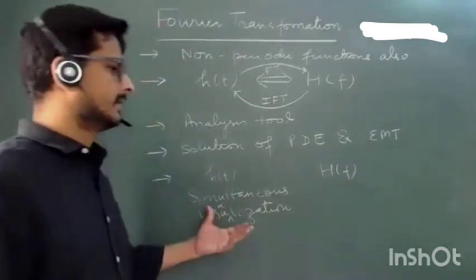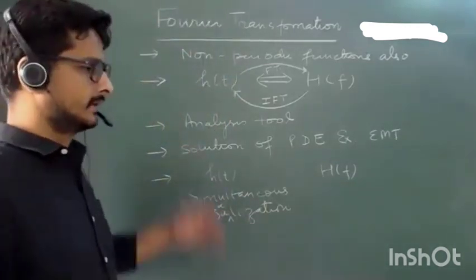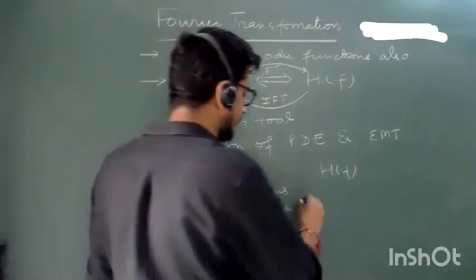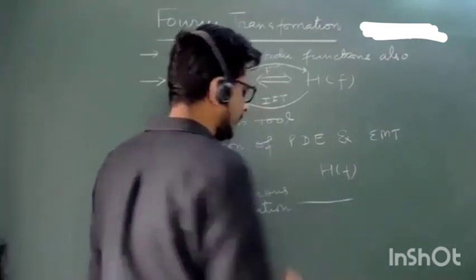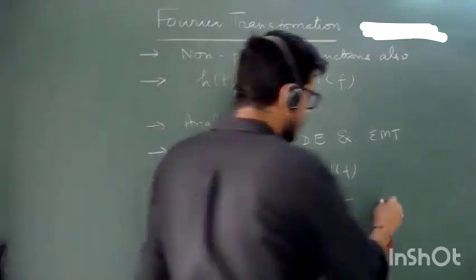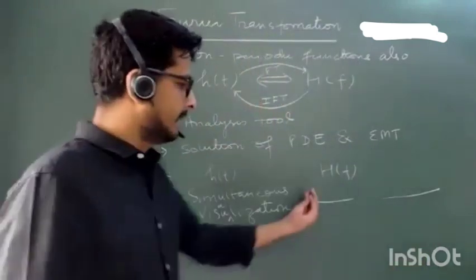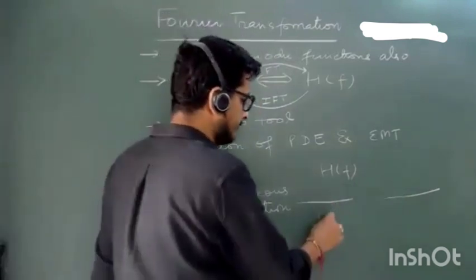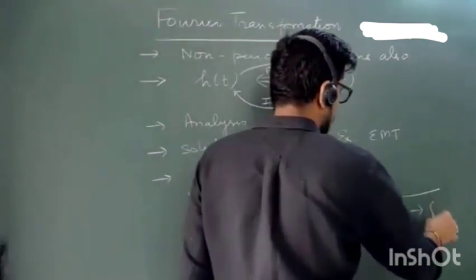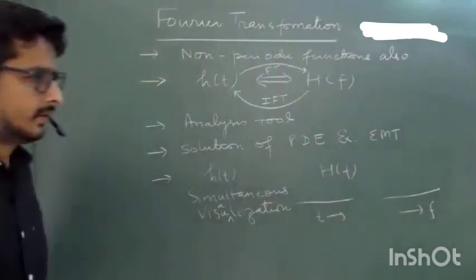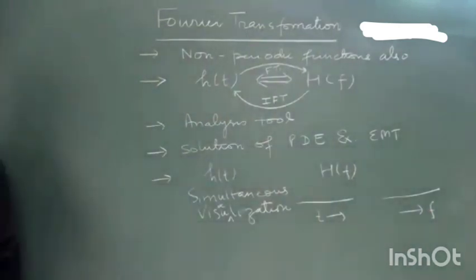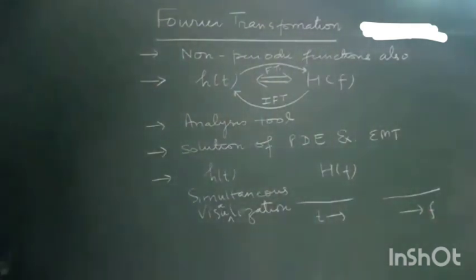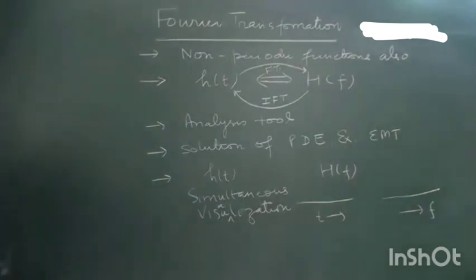You plot the original function, then you have the function in Fourier space, and simultaneously you can visualize what is happening in the time domain and what is happening to the same thing in the frequency domain. So simultaneous visualization of a function is very important, and this gives a lot of insight.